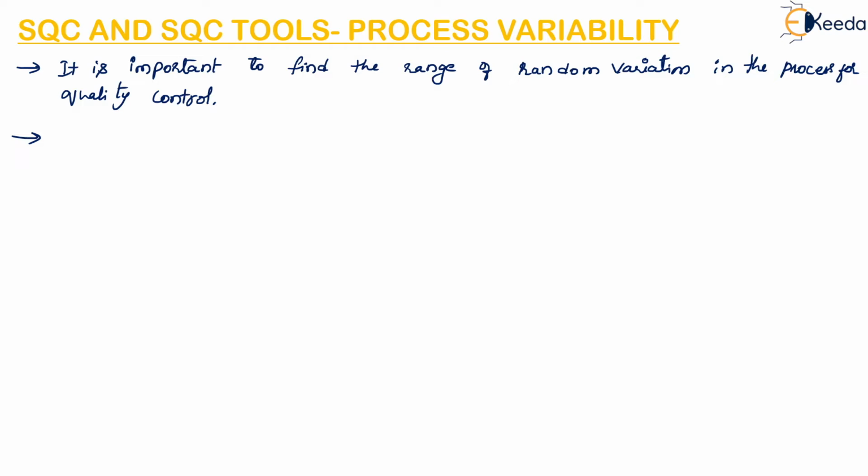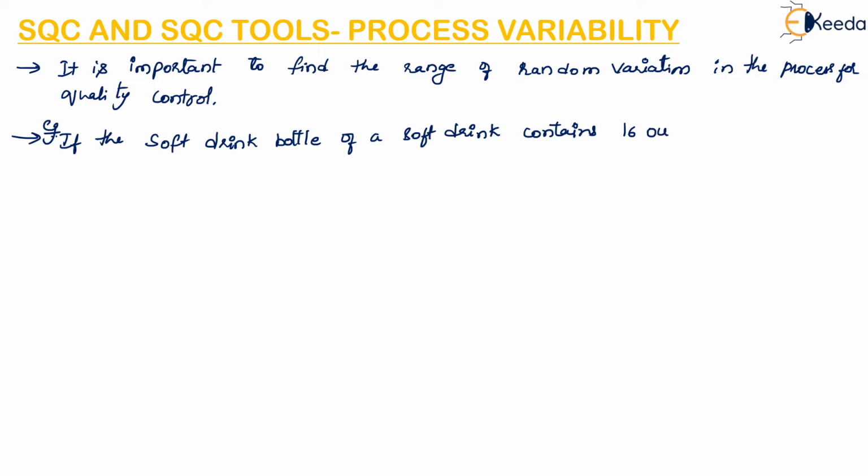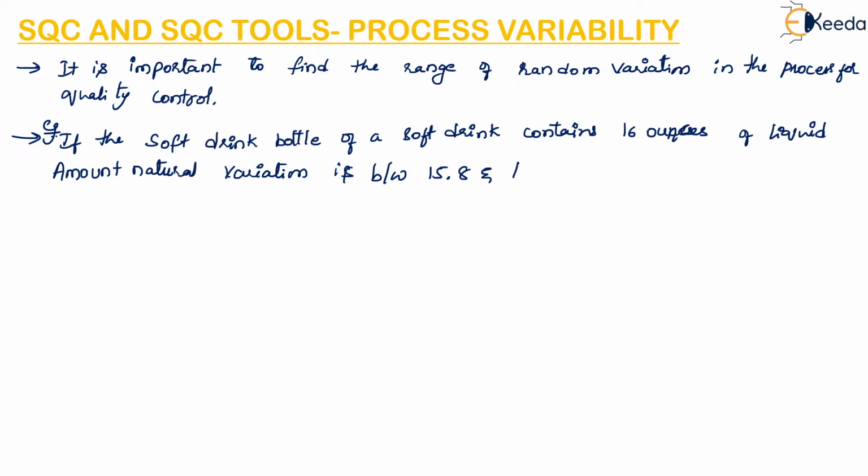Now, let us consider a range. If this is the standard 16 ounces, the amount of natural variation, that is the range which we are giving, is between 15.8 and 16.2.